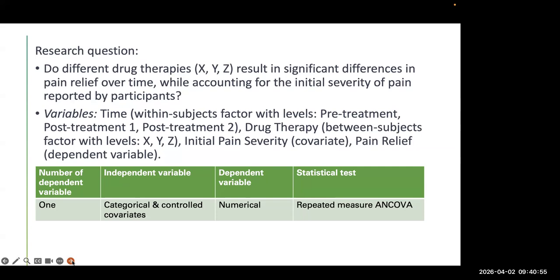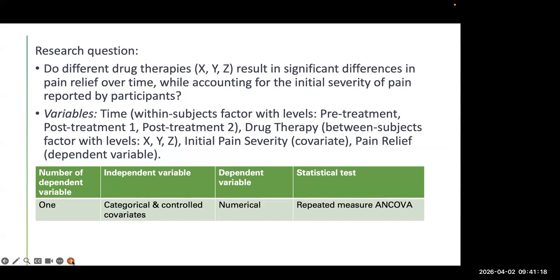Of course, you cannot use repeated measure ANOVA, but now repeated measure ANCOVA. The difference depends on your data. Does that factor have a significant effect toward your outcome? If you say yes, it might have, so you want to control that one. So now it becomes repeated measure ANCOVA.